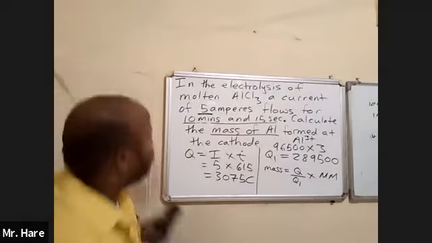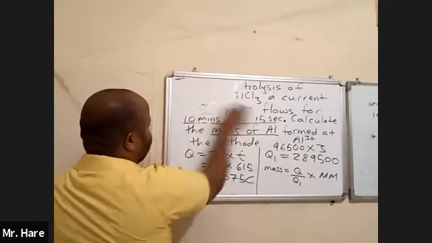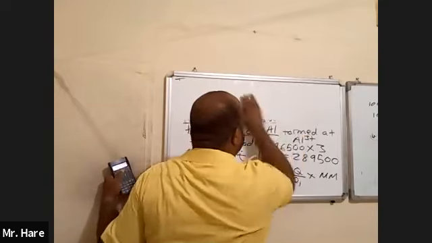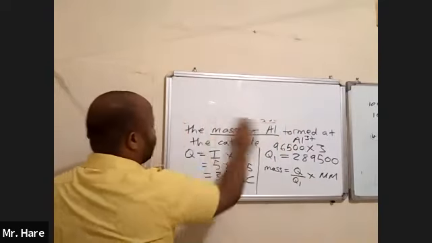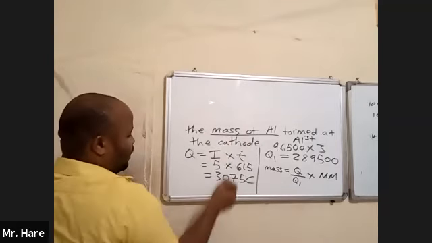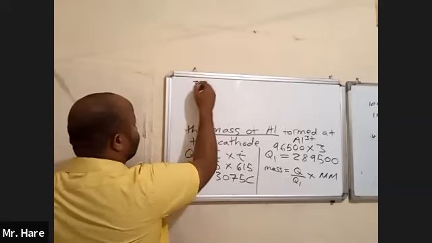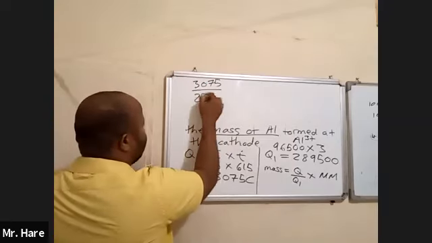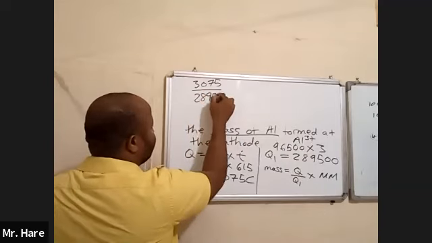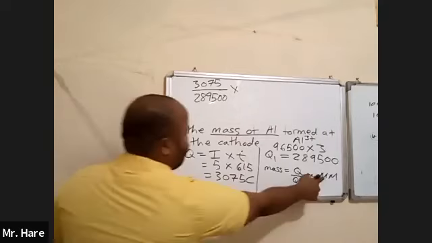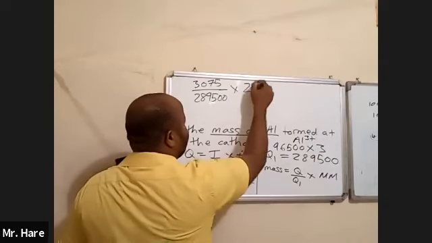All right, good. So Q is 3,075 divided by 289,500 multiplied by the molar mass of aluminum, which is 27.